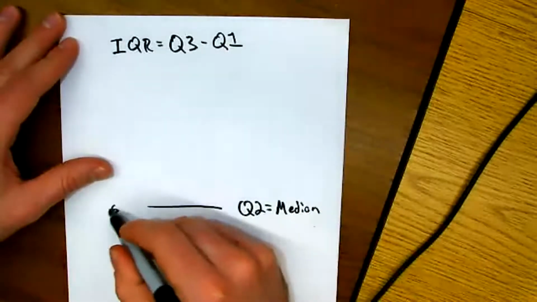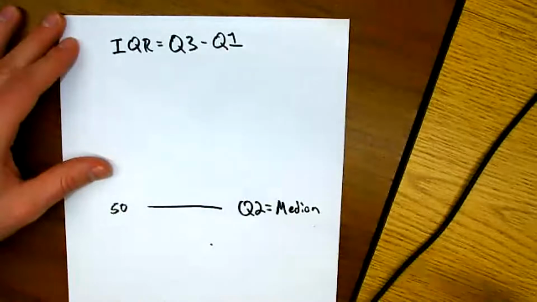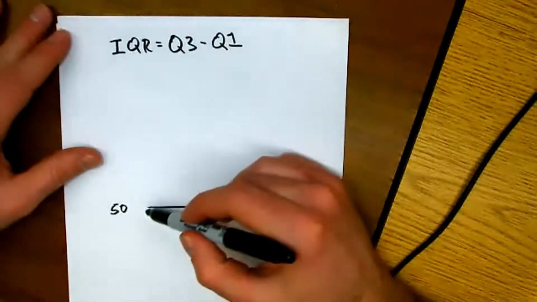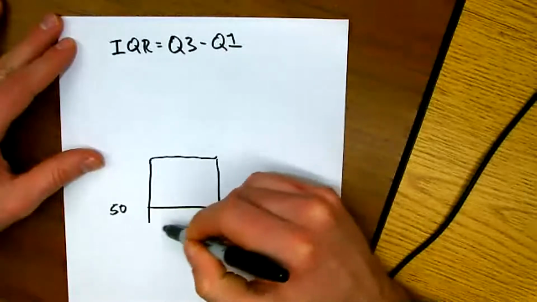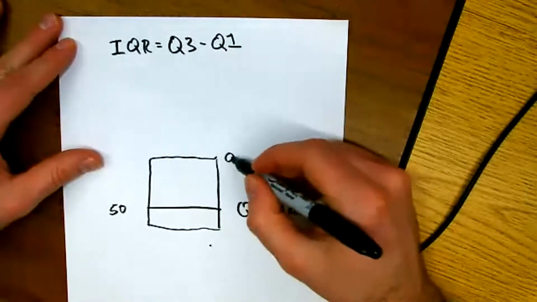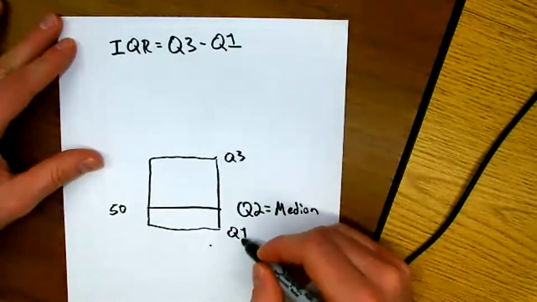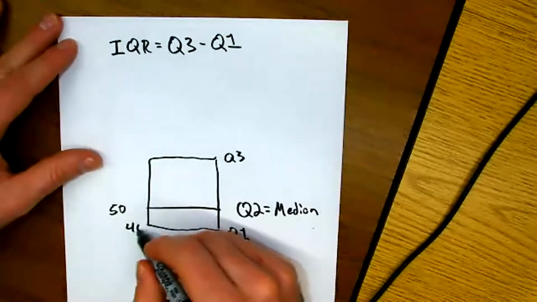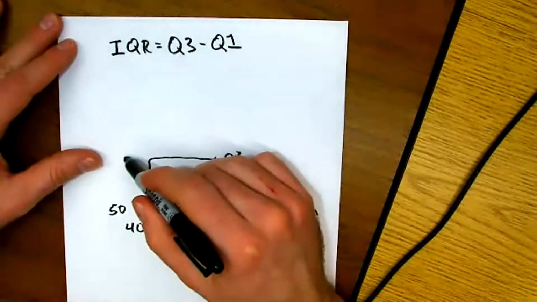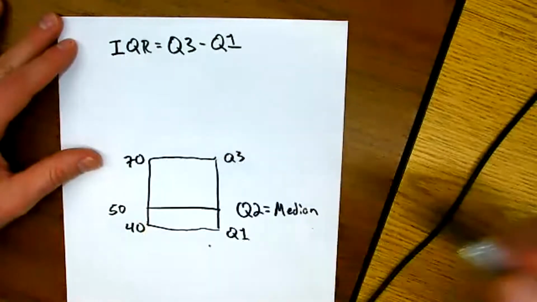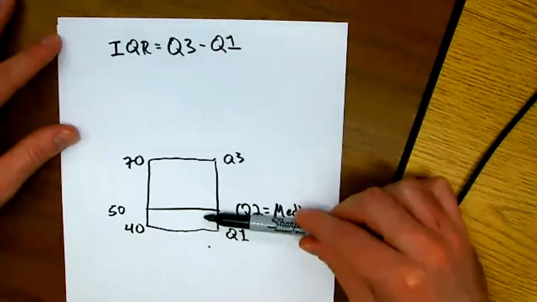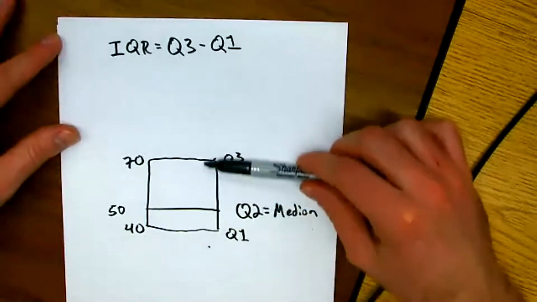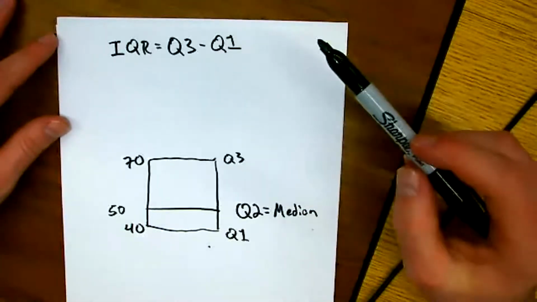Let's say this is 50. You then draw a box where this is your third quartile and this is your first quartile value. So maybe this ends up being 40, and maybe this ends up being 70. Notice that the first quartile is a little bit closer to the median than the third quartile is.